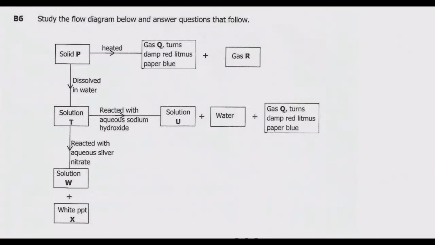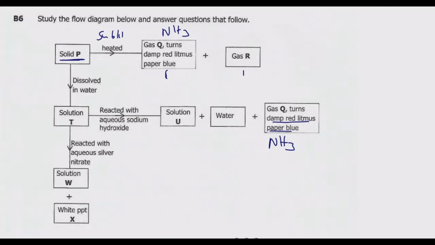If you notice, Q is turning red litmus paper blue. So this should be ammonia. Now, what is happening is we are changing from solid state to gaseous state. These two are gaseous. So this is sublimation.